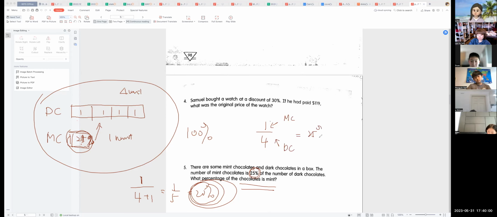But this one is what percentage of the chocolate is mint for the total entire box? That's 1 over 1 plus 4, mint chocolate over the box of chocolate, including mint and dark chocolate together. So it's 1/5 equals 20%. Understand, everybody? I hope I explained it clearly enough.